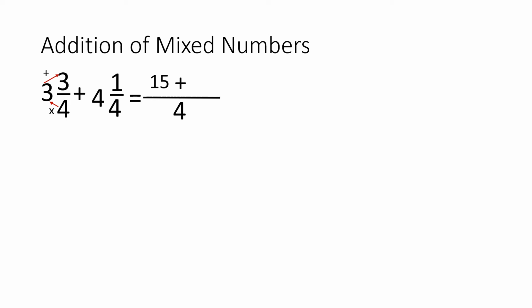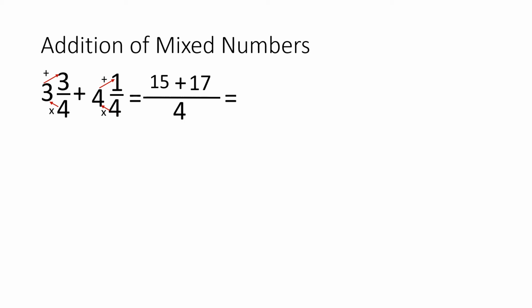Then copy the plus sign. To get the value of the second numerator, multiply the denominator to the whole number 4. So 4 times 4 equals 16. Added to the numerator, which is 1. So 16 plus 1 equals 17.